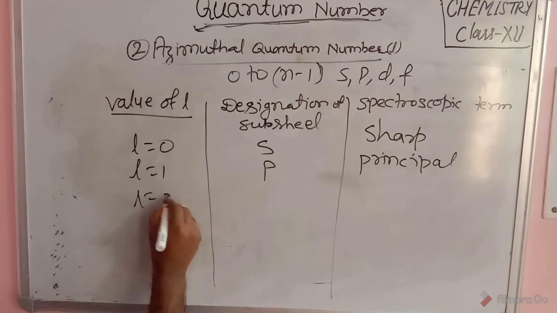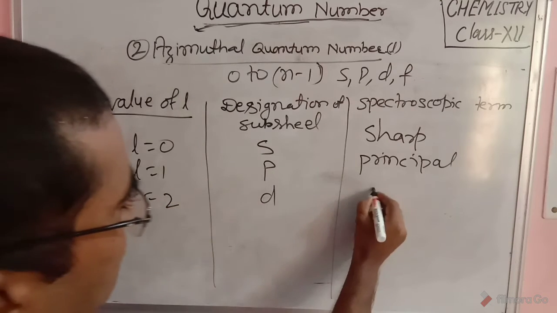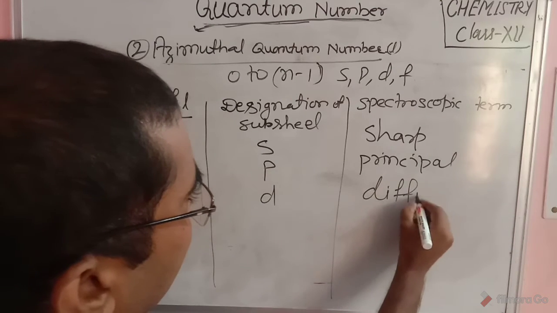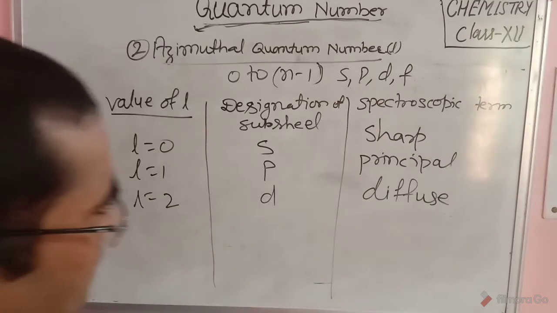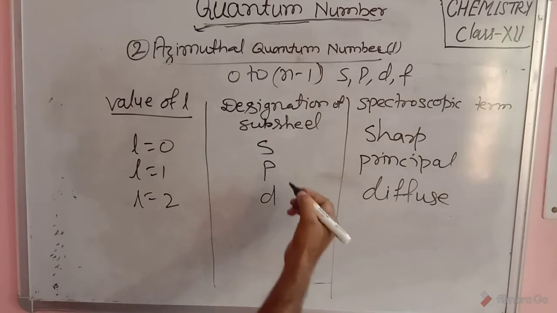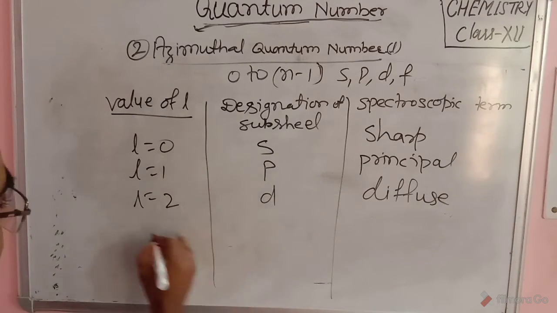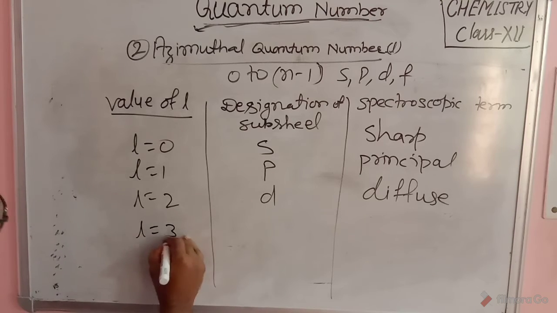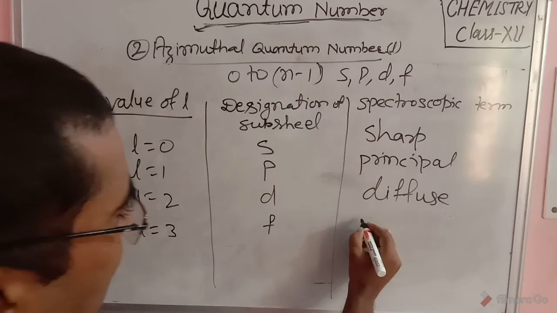L is equal to 2, it's a D, that is diffuse. It is a spectroscopic term, whether we designate the subshells, that is S, P, D and F. And when L is equal to 3, it's an F, that is fundamental.